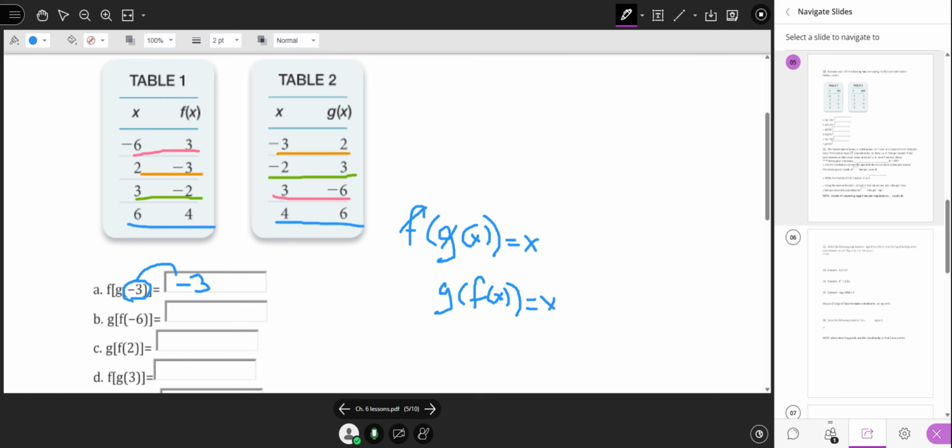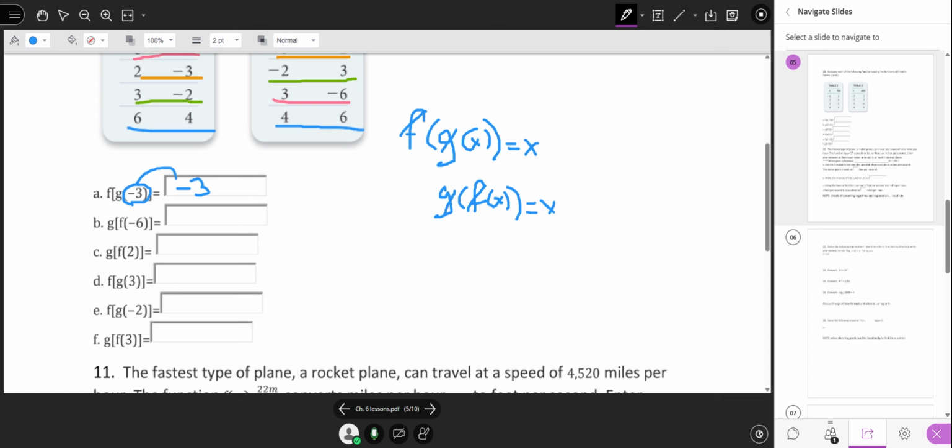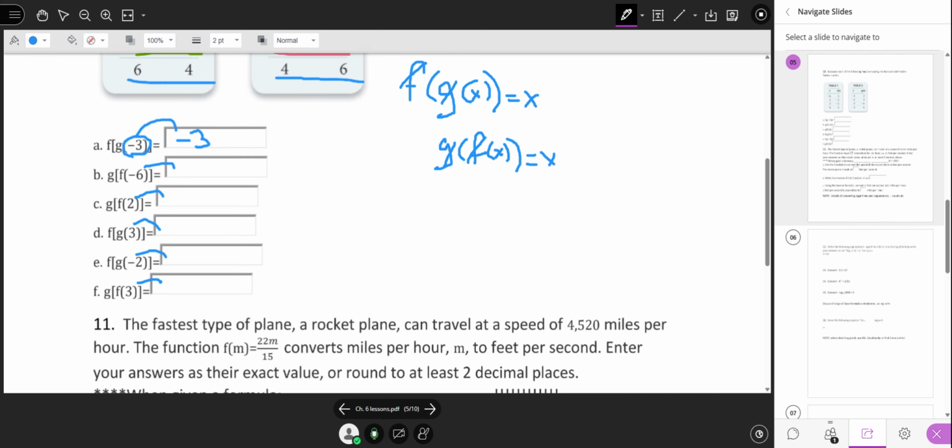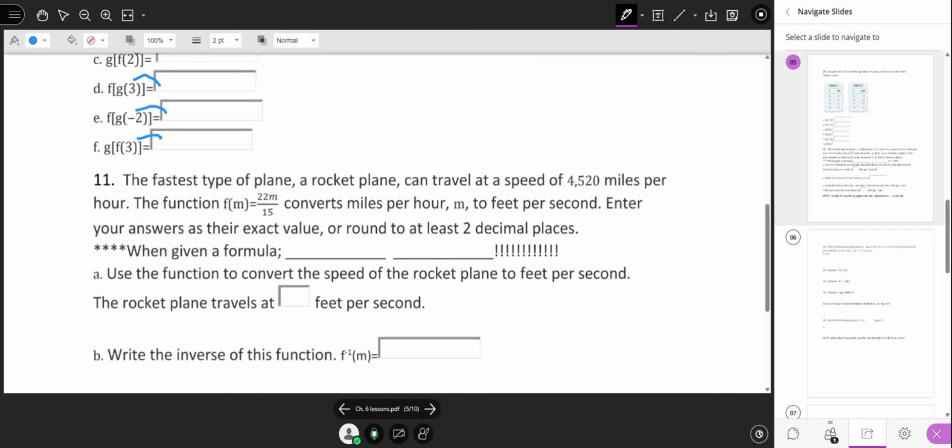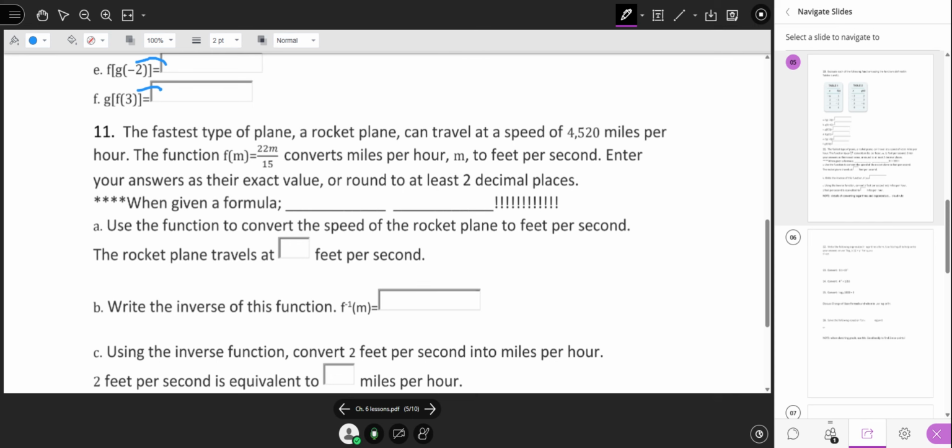These always cancel each other. I love it. So that goes here, here, here, here, and here. Love it. When given a formula, use it. Not a big deal.